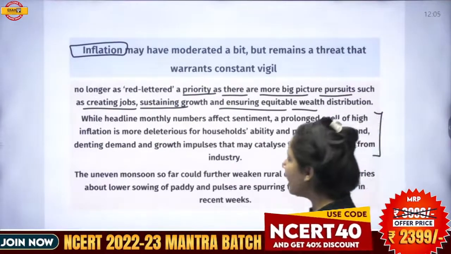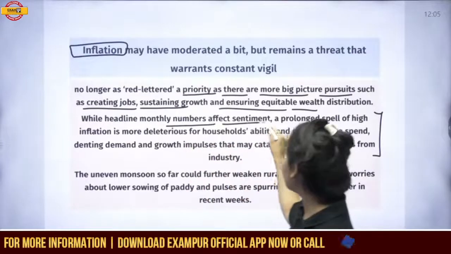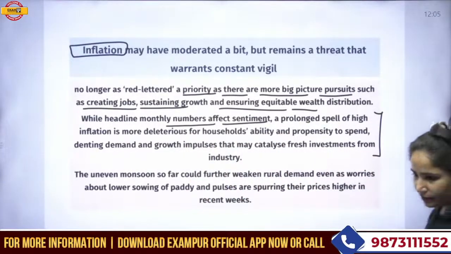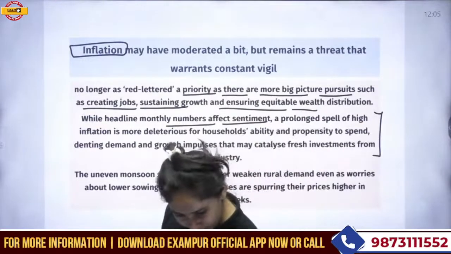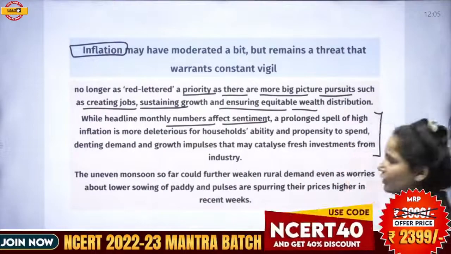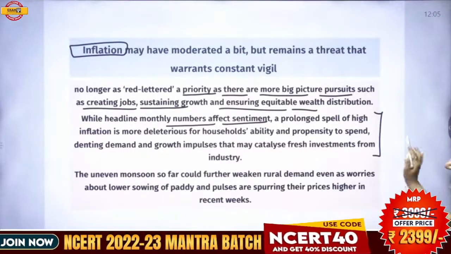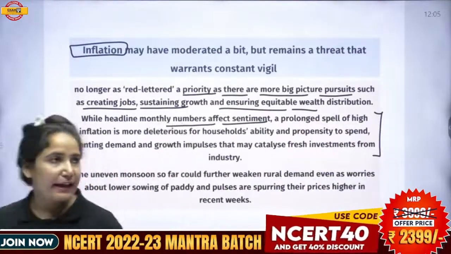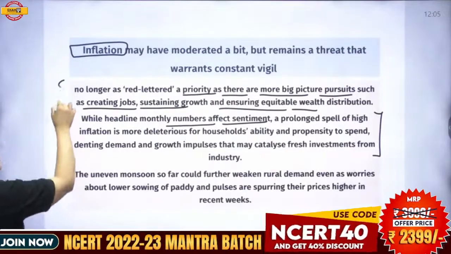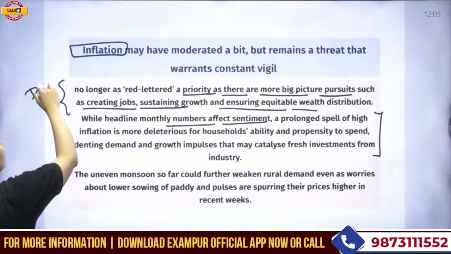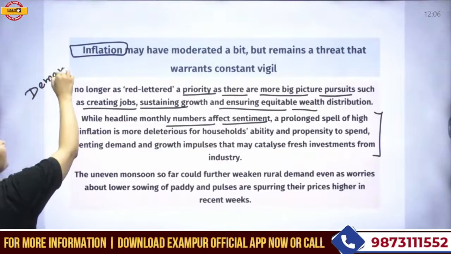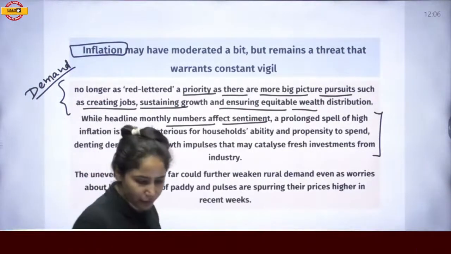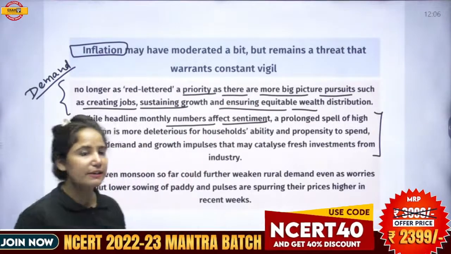And second is about how headline monthly numbers affect sentiments. What do we mean by it? Hello, Soumya. Whatever sentiments we are talking about, what is happening right now? In the first paragraph, they are giving a glance of the demand side, which is somewhere positive in approach.